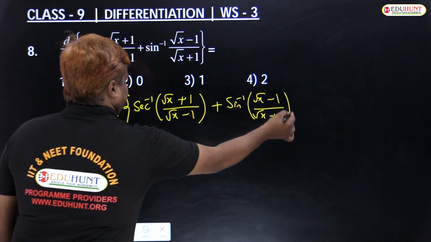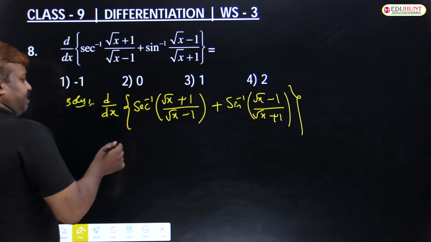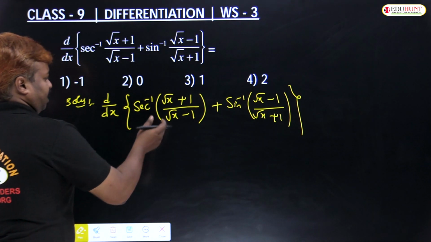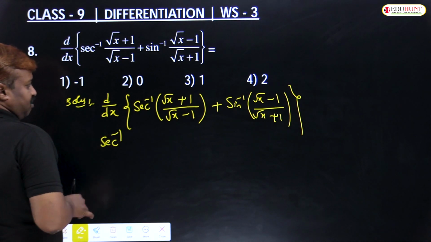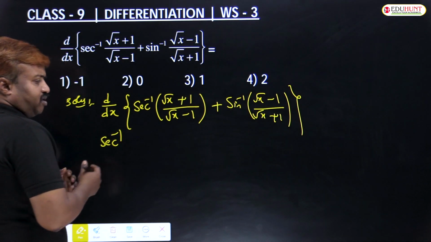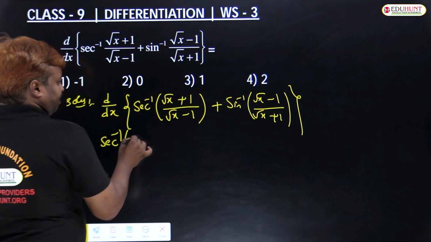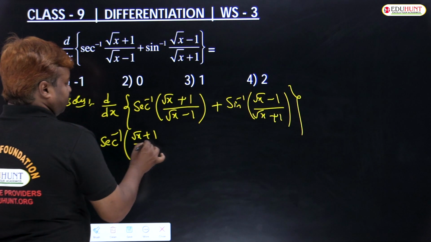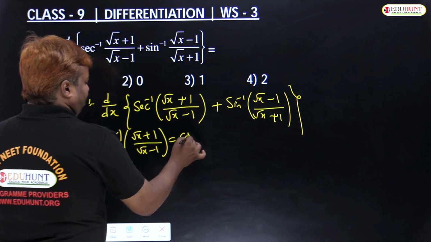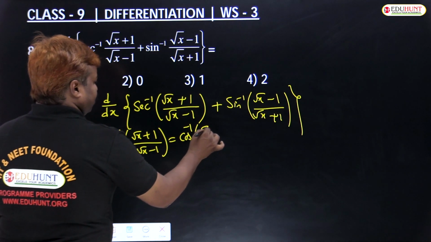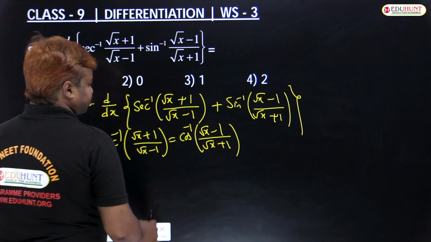Children, secant inverse of the reciprocal means cos inverse, because the reciprocal of secant is cos. So secant inverse of root x plus 1 by root x minus 1 is equal to cos inverse of root x minus 1 by root x plus 1.